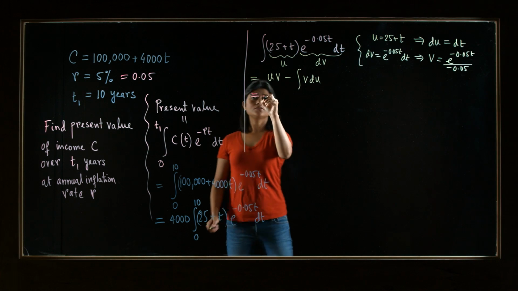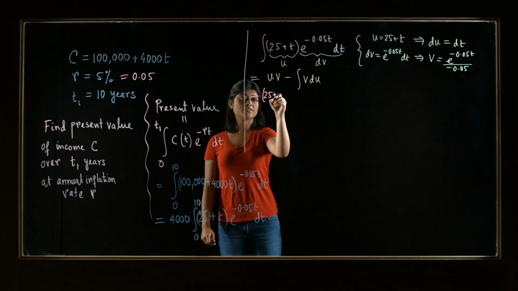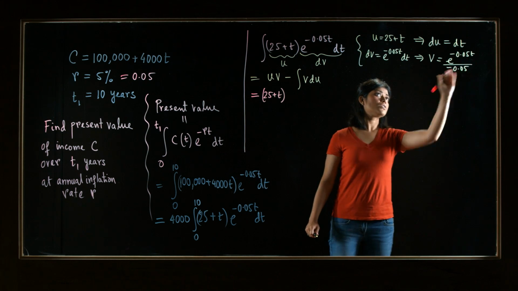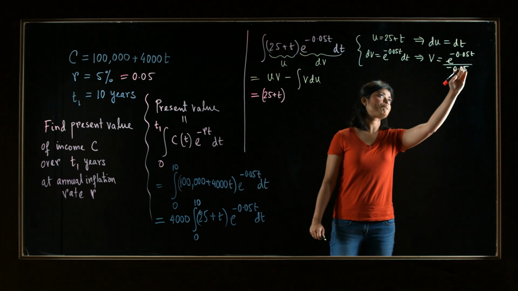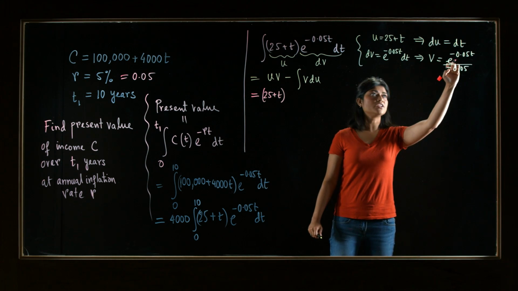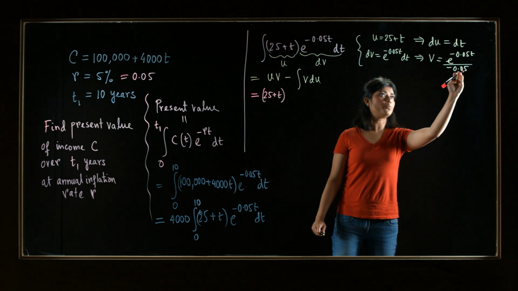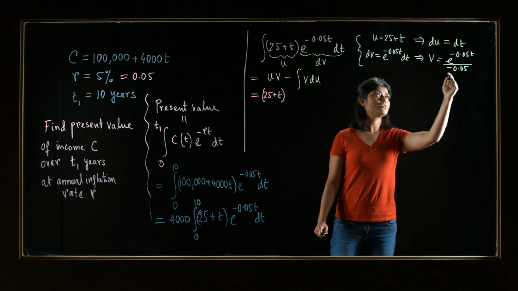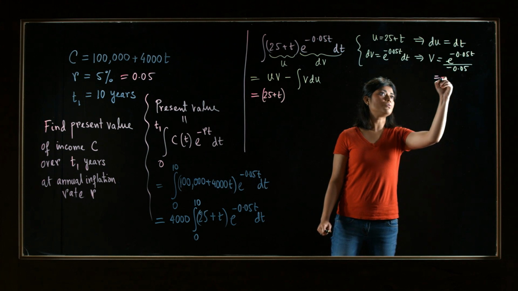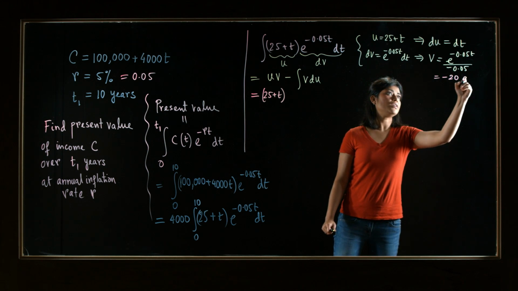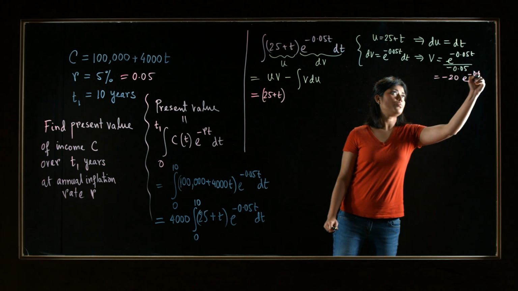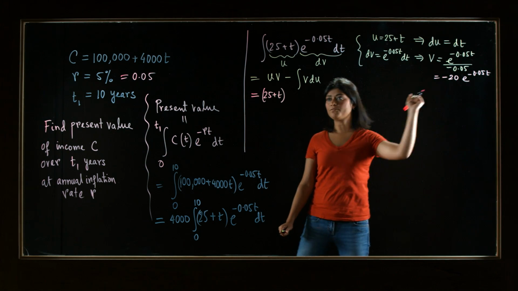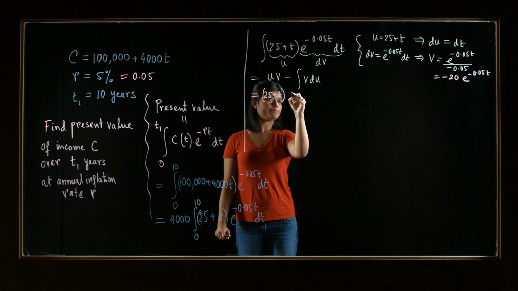U is 25 plus t. V is this expression, but let's simplify this expression a little bit more. 1 over 0.05, what is it? It's just 20, and there's a negative sign. So this is equal to negative 20 e to the negative 0.05 t.